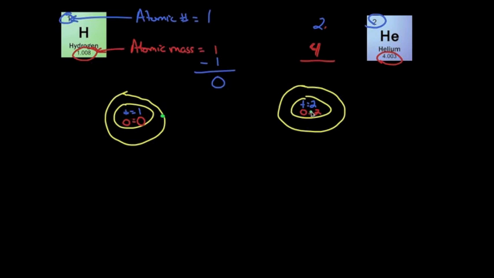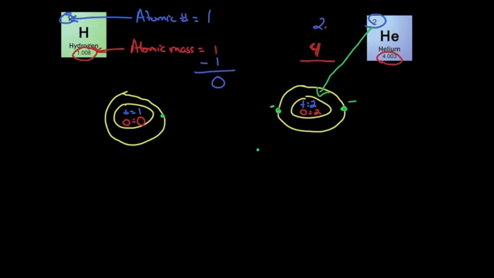So in this particular atom, you'll see you have 2 protons indicated by the atomic number and 2 neutrons, because the atomic mass is protons plus neutrons. So if we subtract the 2 protons from the atomic mass, we end up with 2 neutrons. And like we said, all these elements are in their neutral state. So if we have 2 positive protons, we're going to have 2 negative electrons.